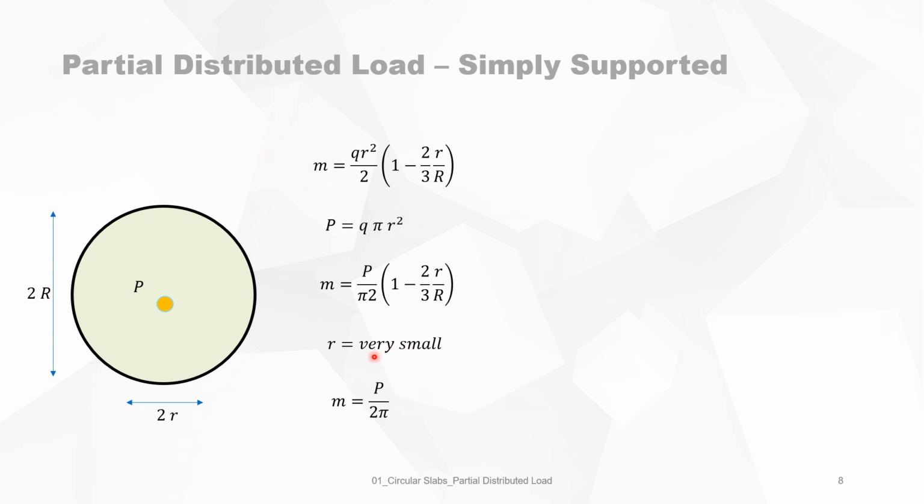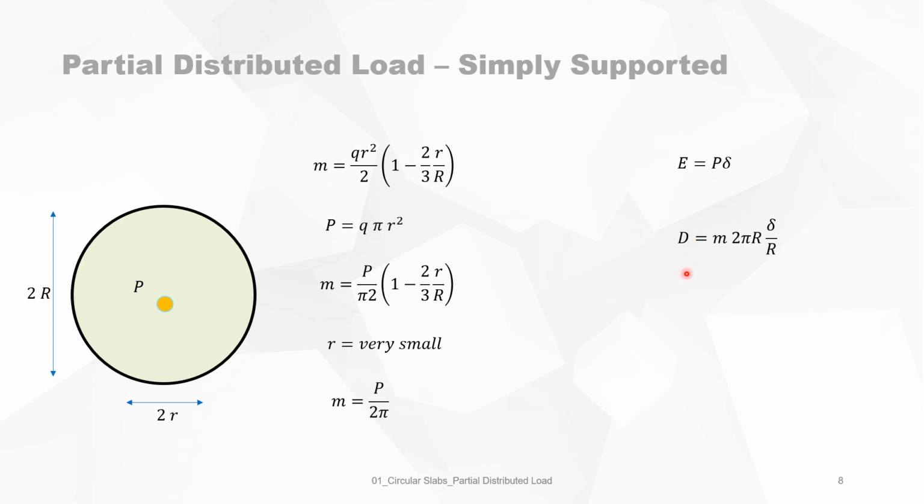Now, if we don't believe this result, then we can say, okay, let's redo the calculation. We will calculate the work done by the external force. So it's the point load P times the deflection delta.